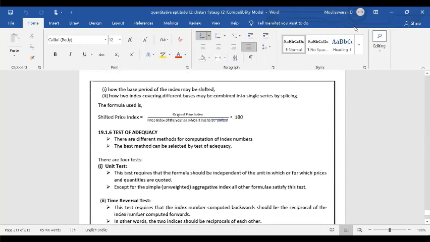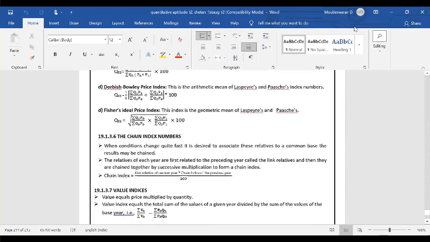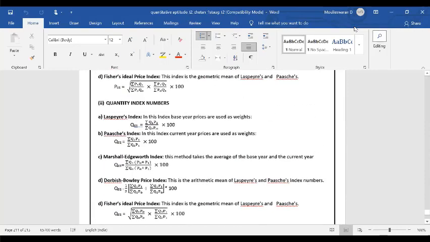Are you able to understand till this point? Yes, sir. Don't worry about problems. I don't think you will be getting to solve these problems entirely. They will ask you either these formulas or the geometric mean. Maybe you can note this down also: Dorbish-Bowley means arithmetic mean of Laspeyres and Paasche's.